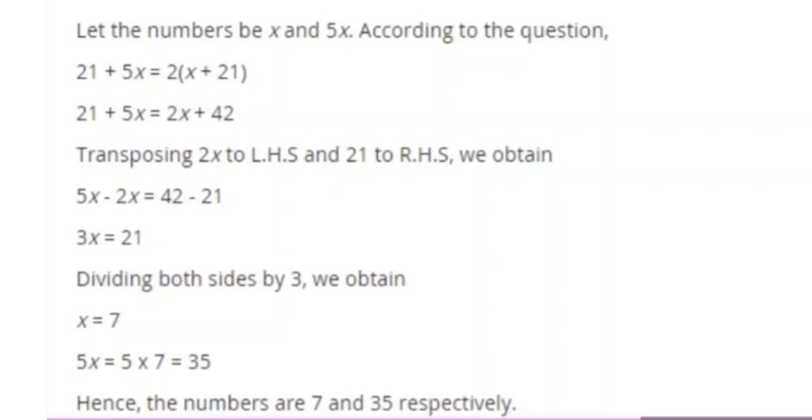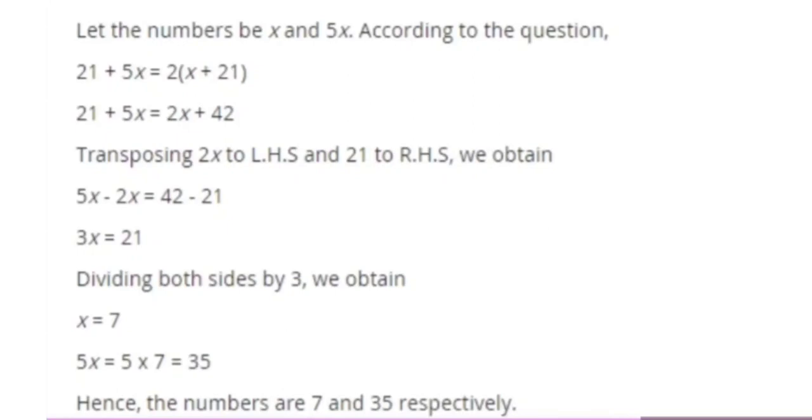Then one of the new numbers becomes twice the other new number. Means now the equation will come 21 plus 5x is equal to 2 in bracket x plus 21. So 21 plus 5x is equal to 2x plus 2 into 21 is 42.